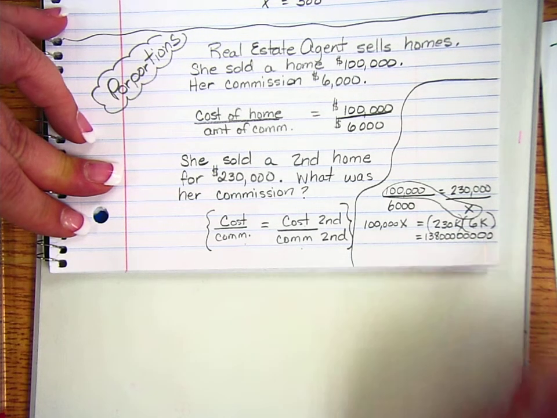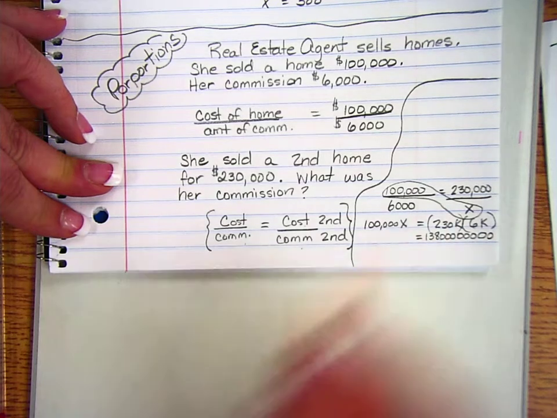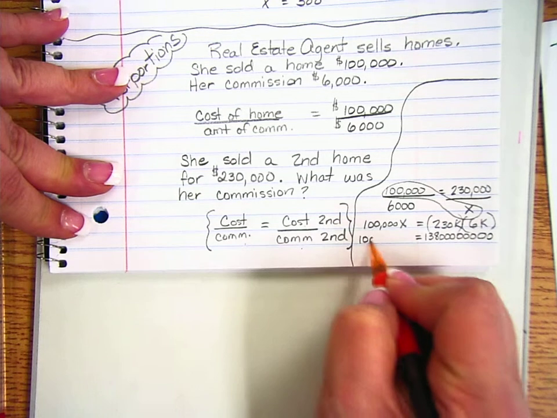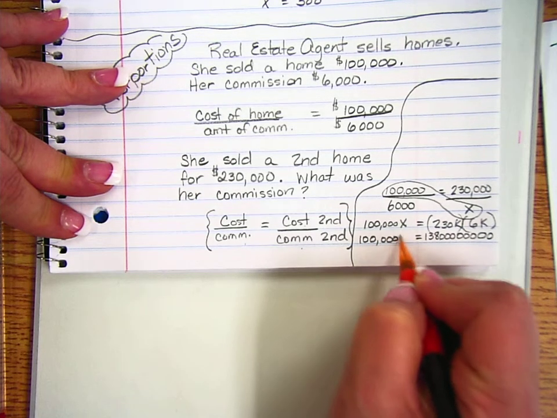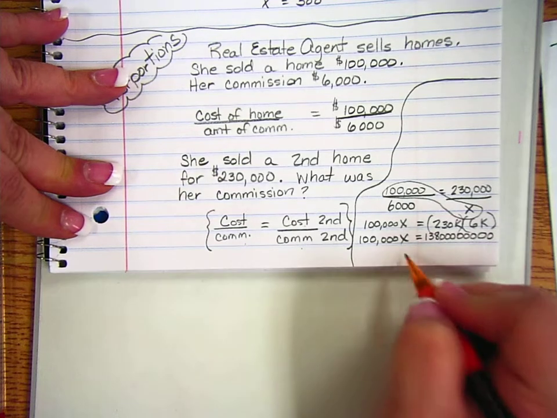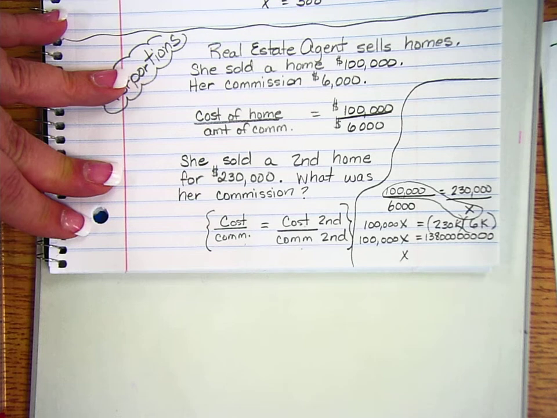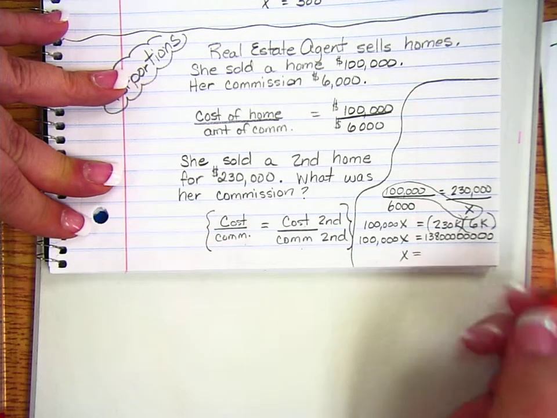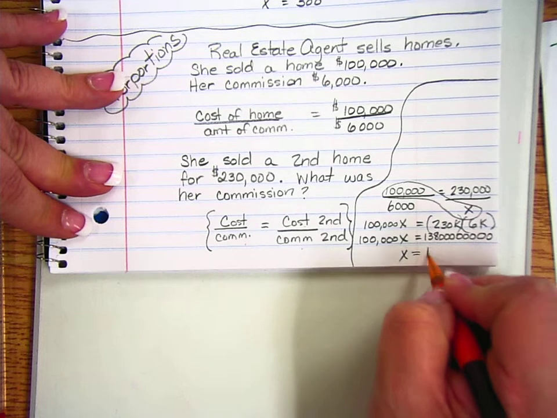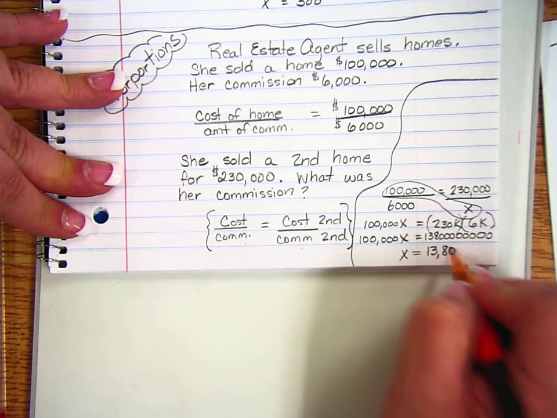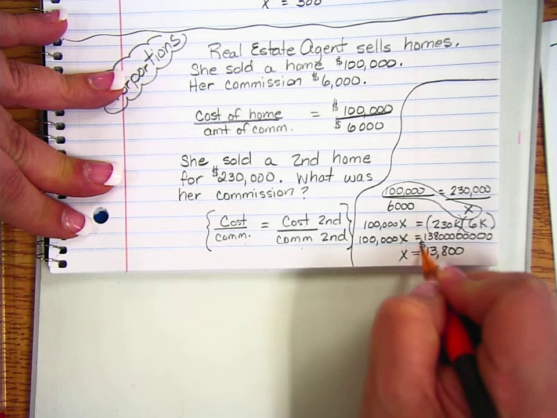And over here I had 100,000 X. So how do I get X now? Divide by 100,000. So let's divide that by 100,000. And that tells us that for that bigger home, she got $13,800 commission.